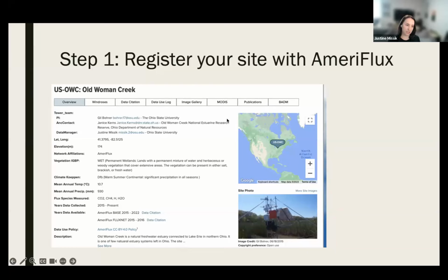And there will be options for the sites that you're managing where you can see information about the data processing for data you've submitted and things like that.